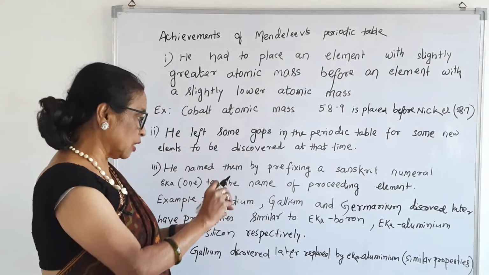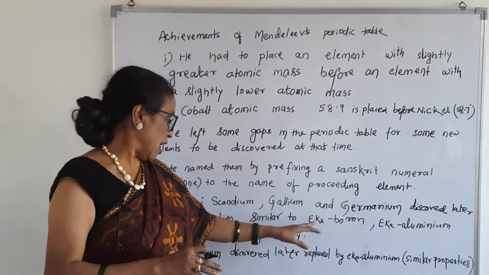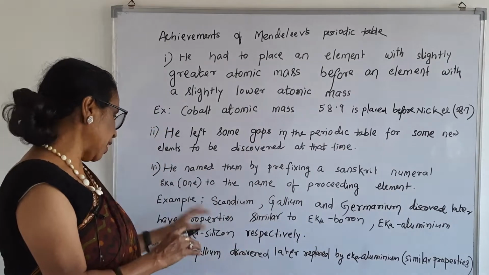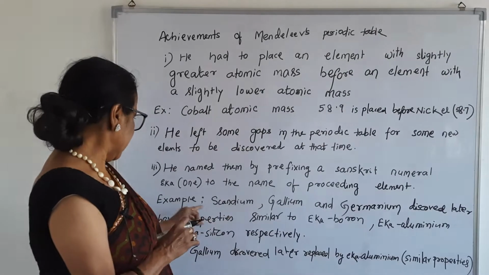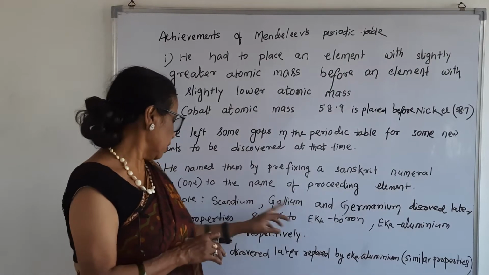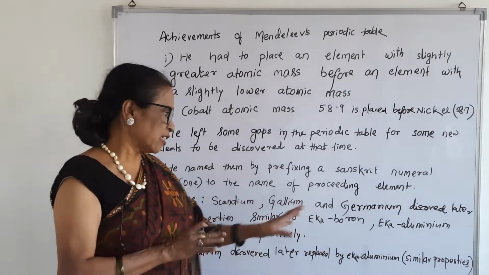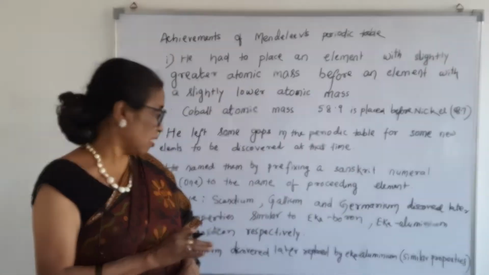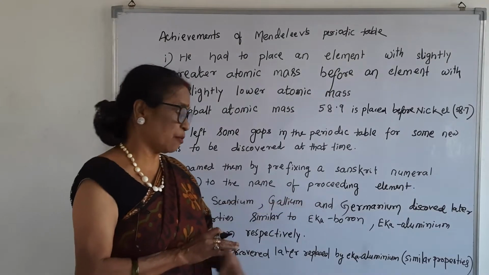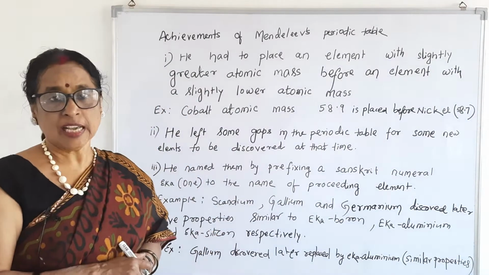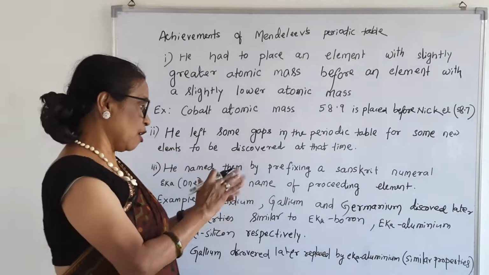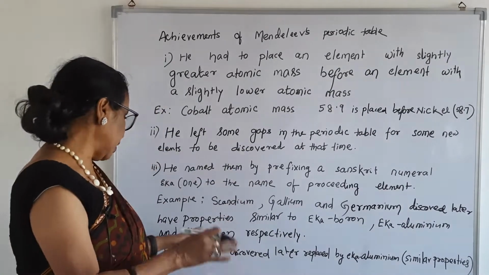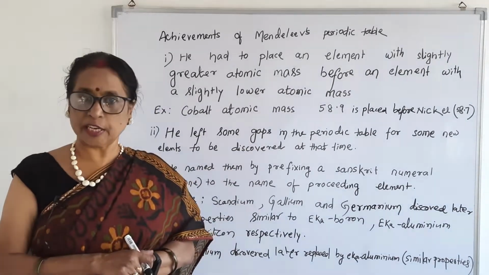So he put the word eka: eka boron, eka aluminum and eka silicon. It was proved that instead of eka boron, eka aluminum and eka silicon, the elements scandium, gallium and germanium were discovered. So he put the names eka boron, eka aluminum and eka silicon respectively. Are you clear?